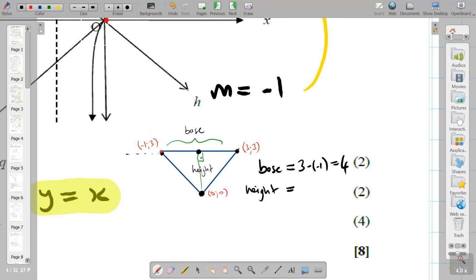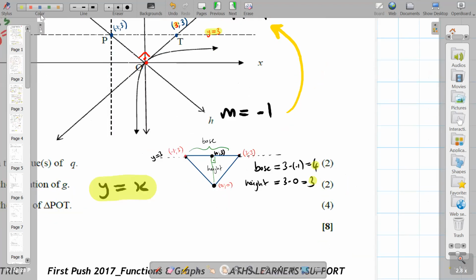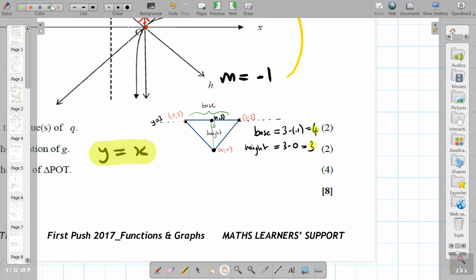All points on this line have the same y coordinate, y is equal to 3, so that point is 0 and 3. The distance between 0, 0 and 0, 3 is basically 3 minus 0, which is 3. So that's how I know the height and base of this triangle. So the answer is area of POT is 1/2 times height times base, that's 6.